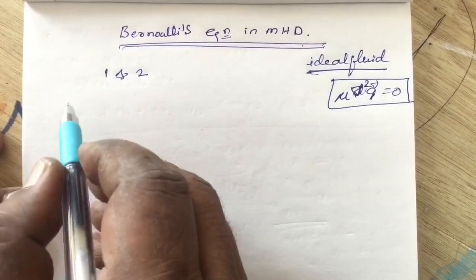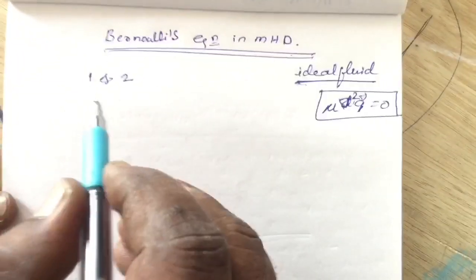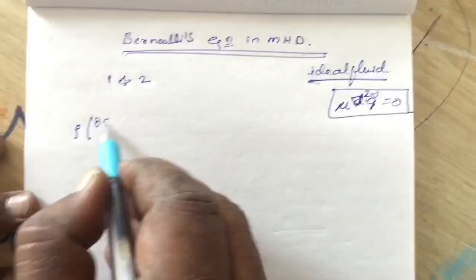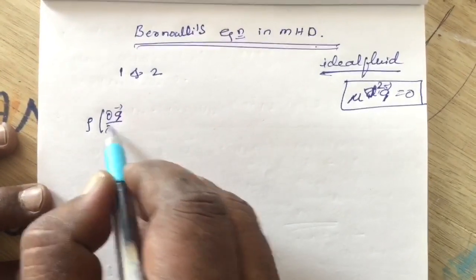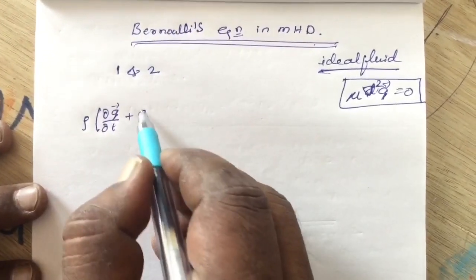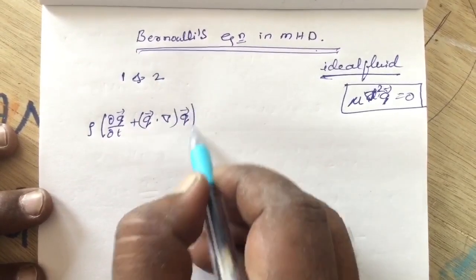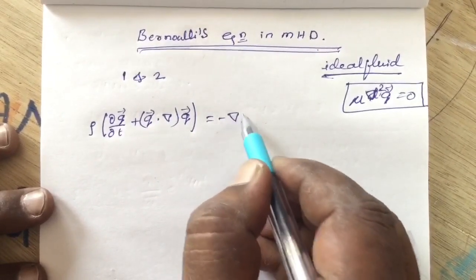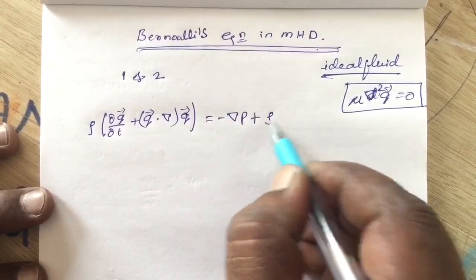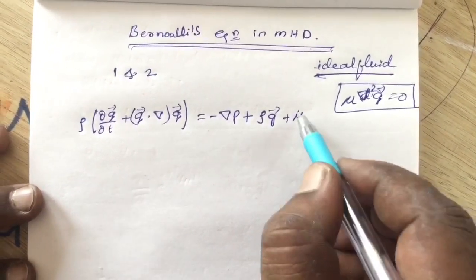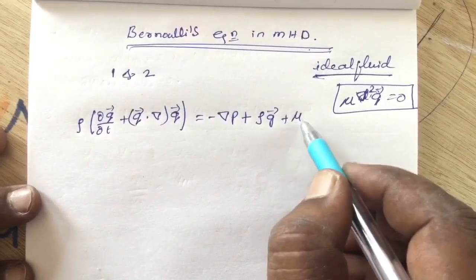The momentum equation for the ideal fluid is rho into (del q by del t plus q dot del of q) is equal to minus gradient of p plus rho into g plus mu into j cross h. Here mu is the magnetic permeability term, not viscosity.